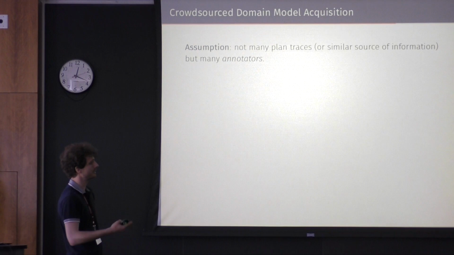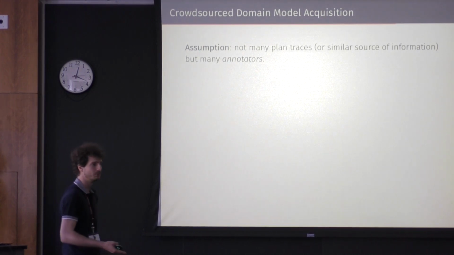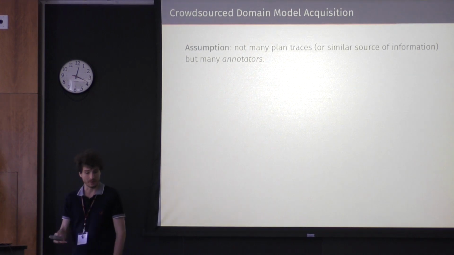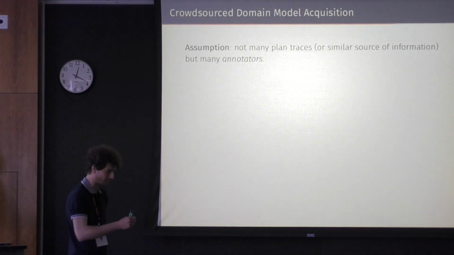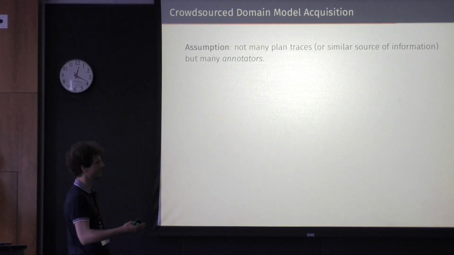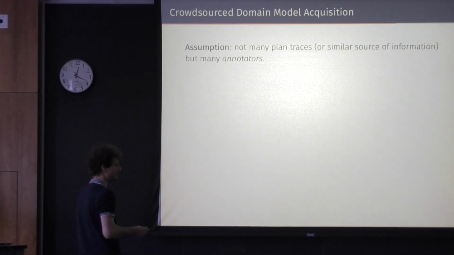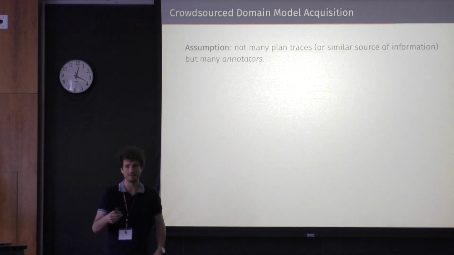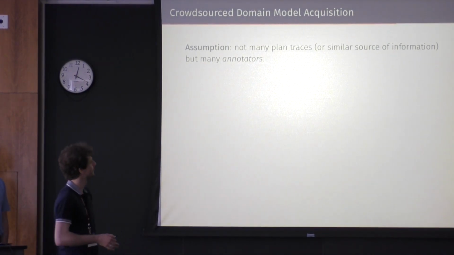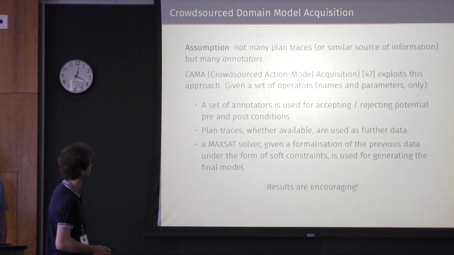And what if we don't have data, but we have a lot of people who can work on that? So basically the crowd, thinking about Amazon MTurk or something like that, in which you can provide a very small task to people and they get paid for doing the job. So can we exploit this sort of approach also for domain model acquisition?